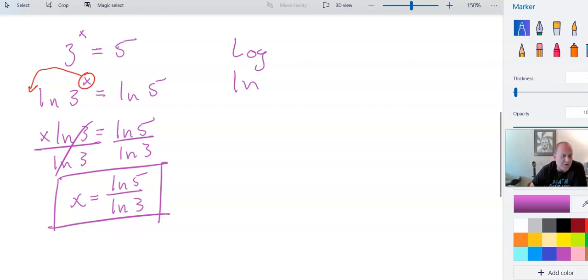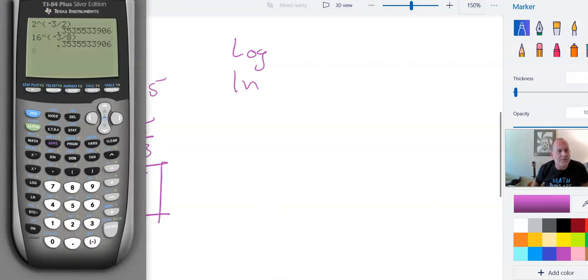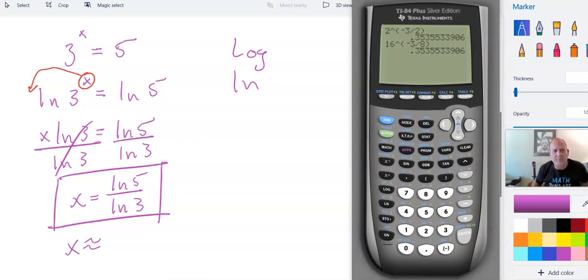And so, again, we are going to basically just plug this into the calculator to get a decimal approximation. Let's take it to 3 decimal places. I think your homework kind of wavers between 2 and 3 decimal places, depending on what you're looking at. Let's do the natural log of 5 divided by the natural log of 3, and hit enter.